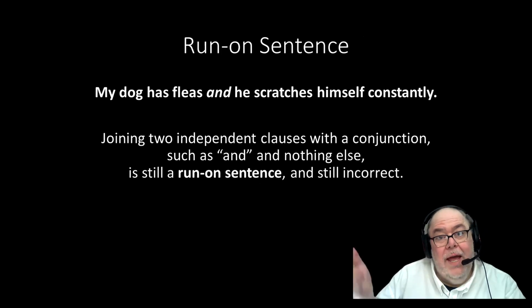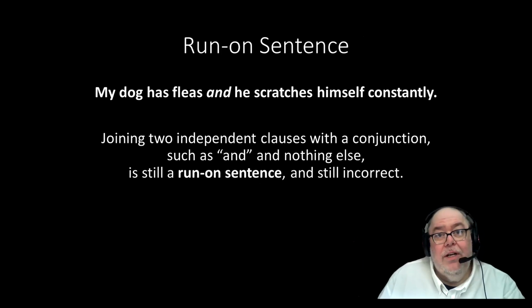What about and? And is what's called a conjunction. My dog has fleas and he scratches himself constantly. Sounds good. But when you join two independent clauses with a conjunction and just a conjunction with no punctuation or anything else, it's still a run-on sentence and it's still incorrect.